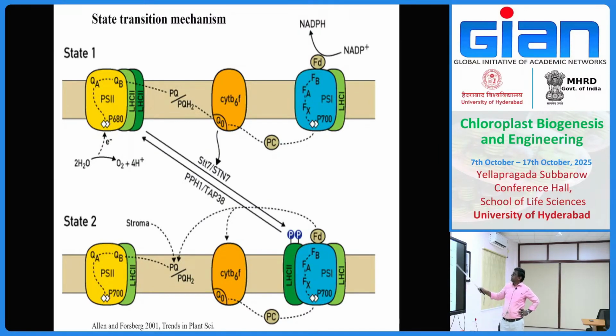The photosystem 1 is going to attach here, where you can see light harvesting complex 2 and light harvesting complex 1, this phosphorylated form attached. Then when it gets oxidized, it goes back to only light harvesting complex 2. So this is the mechanism of state transitions.